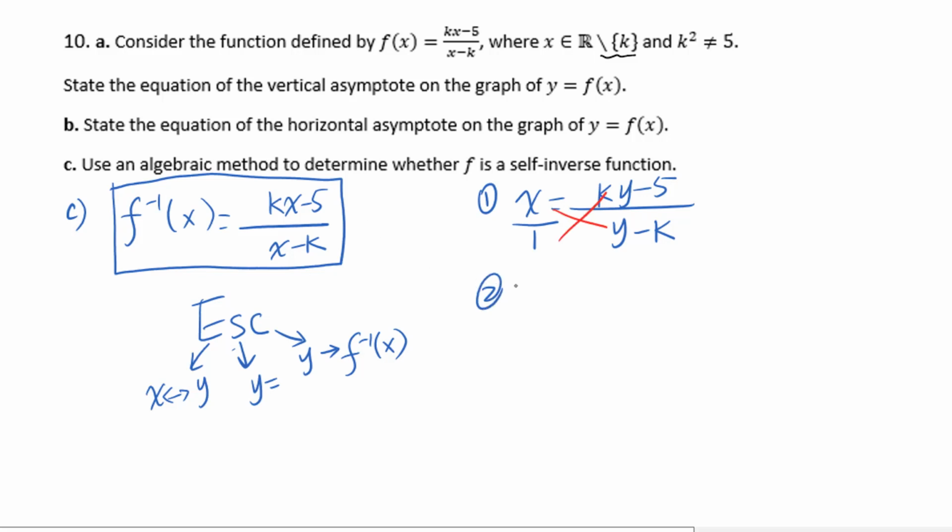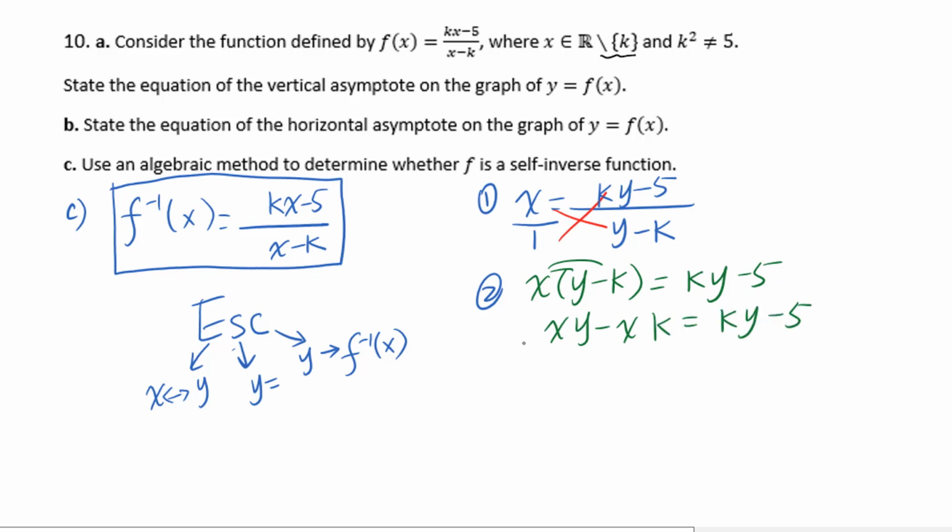We will cross multiply: x times y minus k equals ky minus 5. Distributive property: xy minus xk equals ky minus 5. Remember, we solve for y, and this is a linear equation.